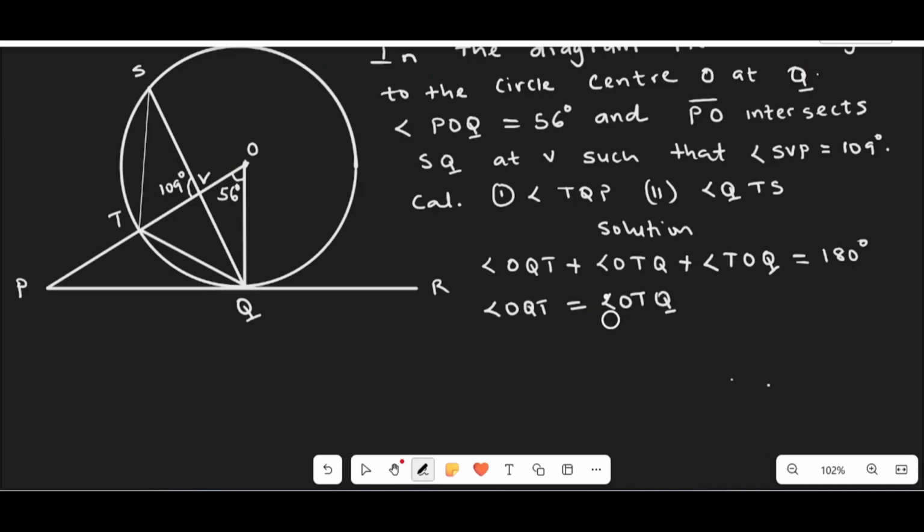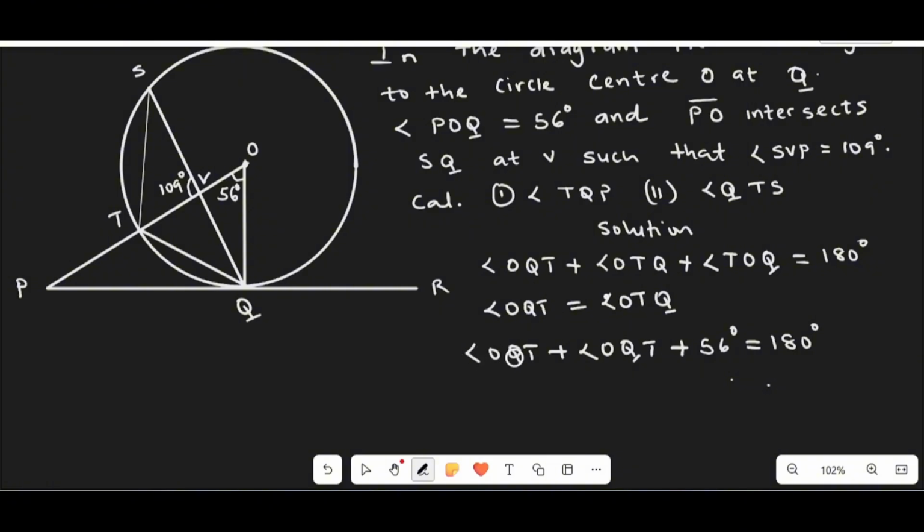In our equation, let us substitute angle OTQ with angle OQT. So we are going to have angle OQT plus angle OQT plus our angle TOQ, which is 56 degrees, equal to 180 degrees.